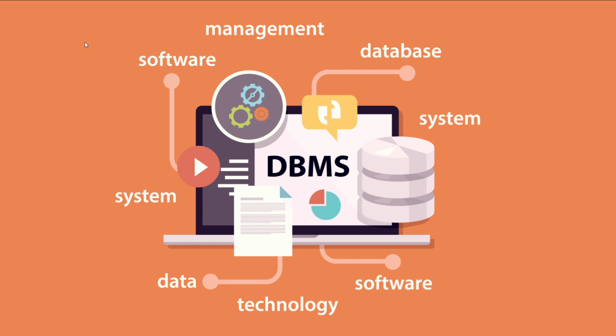So, first one is transaction in DBMS. The definition of transaction in DBMS is: a transaction is a sequence of operations performed as a single logical unit of work. Now, properties of transaction in DBMS. Properties: atomicity, all or nothing.